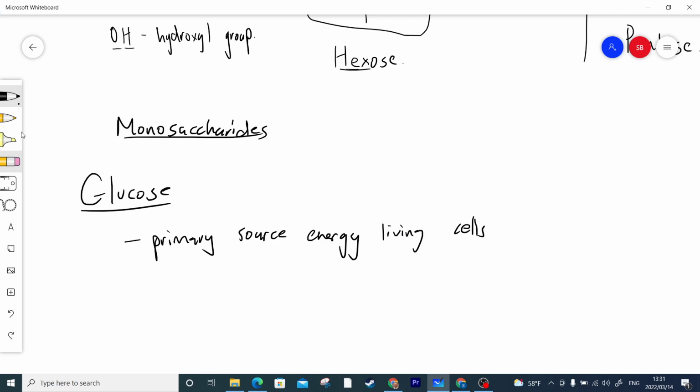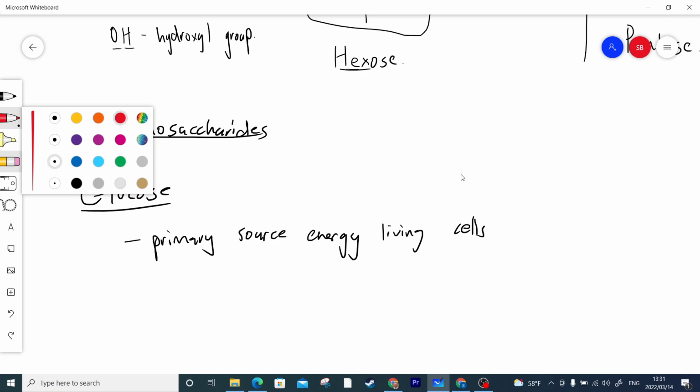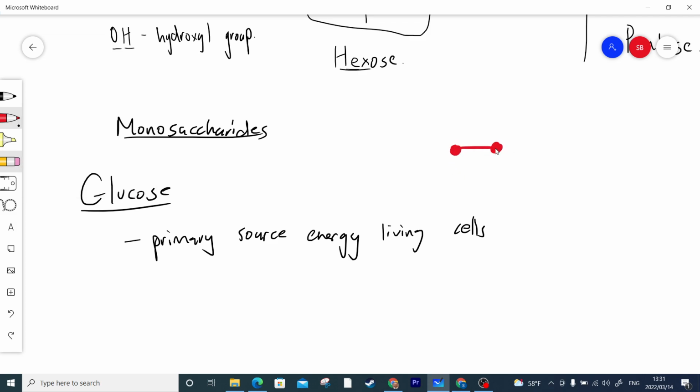So if you had a disaccharide, I don't know, let's say like we got maltose here. Sorry, I've just drawn that glycosidic bond with a red pen. Just ignore that. If you ate a disaccharide, so you ate some maltose, your body will break down.